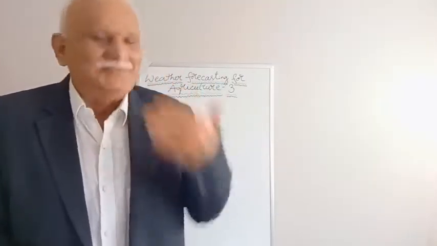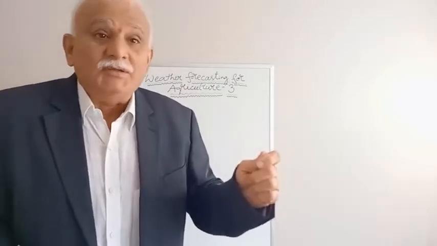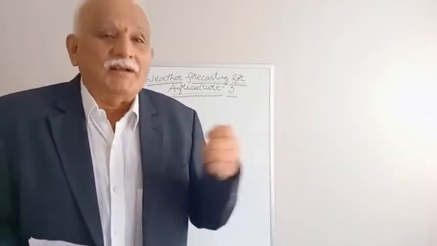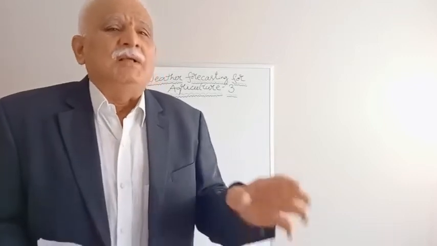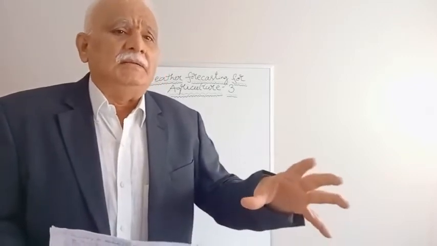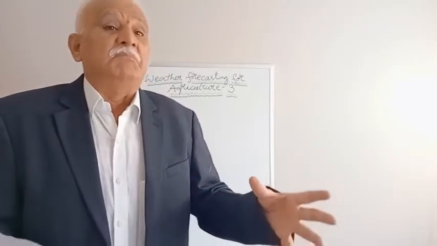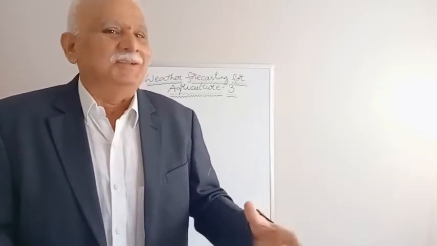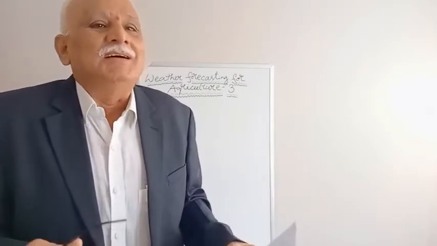Such hard work they do. They use certain terminology. It is our responsibility as students of agriculture meteorology to know, not deeply into the terminology, but at least the basic terminology that our weather forecasting system is using.